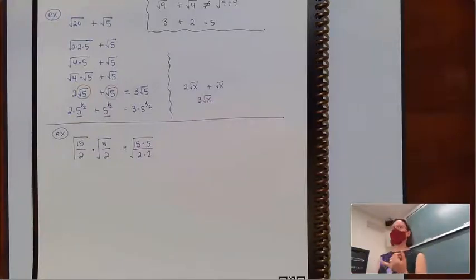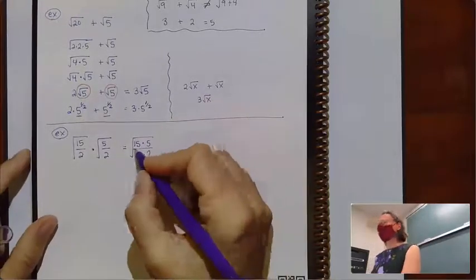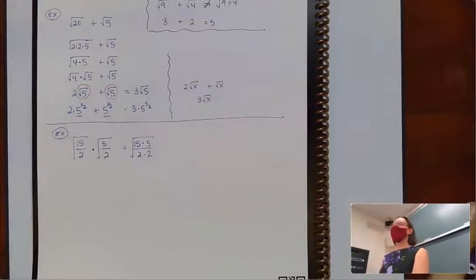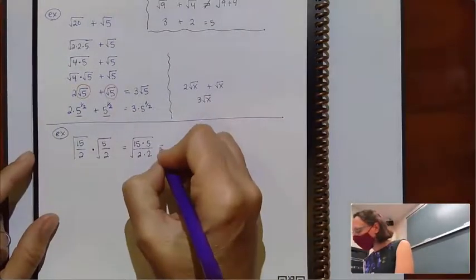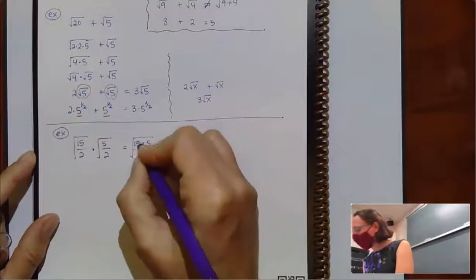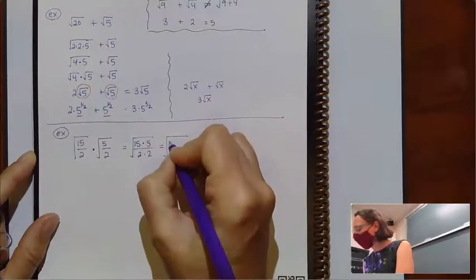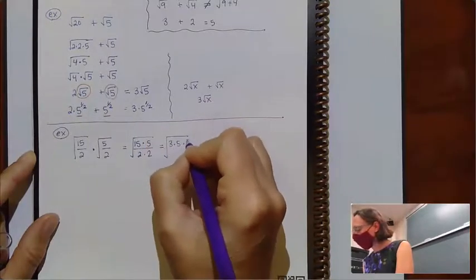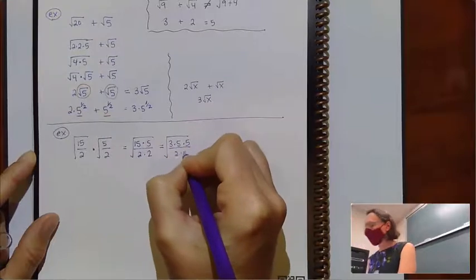So I'm thinking about 1, well, 1's really not going to do much for me. 4, 9, 16, 25, 36, 49, right? I'm looking for those perfect square numbers. On top, I do not want to multiply out 15 times 5. But what I can do is take that 15 and instead write that as 3 times 5 times 5 over 2 times 2.